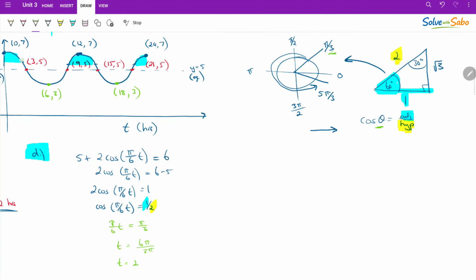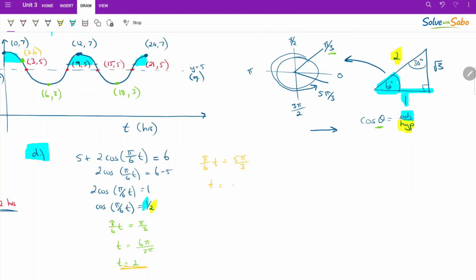That's the first point way up here on my graph. So I'm going to put 2 and 6. I might actually do these points in yellow to make it a bit easier to see. So here, 2 and 6. Well, clearly we need to keep going. Let's have a look at the rest. When is pi on 6 t equal to 5 pi on 3?